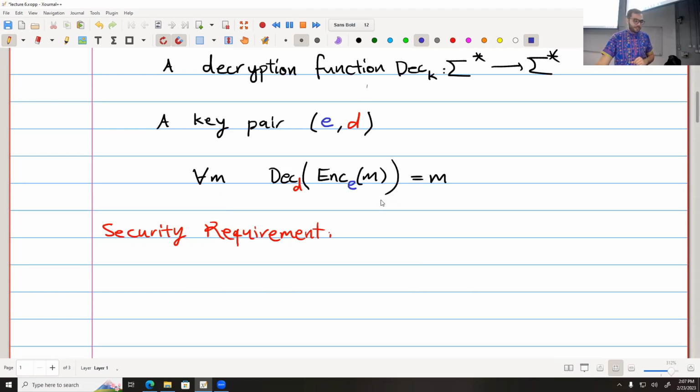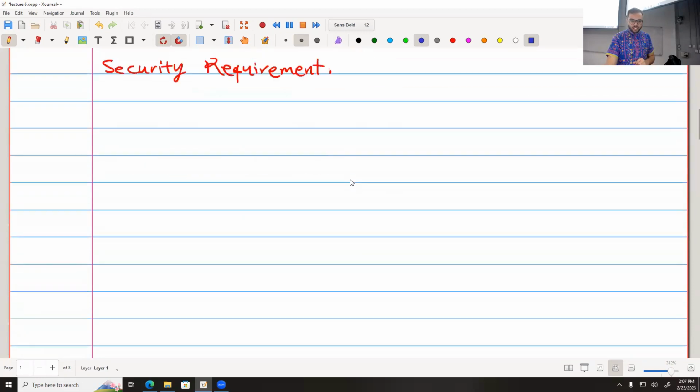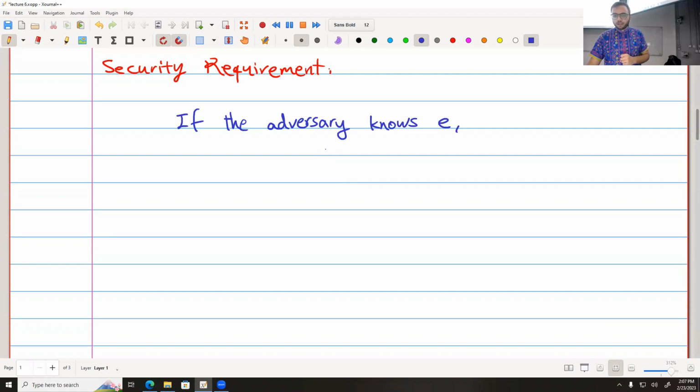So my security requirement is that if I have an adversary Eve who knows my public key and knows an encrypted message, so if the adversary knows, let's say E, the public key, and also my encrypted message, the result of encrypting a message M using E, then she should not be able to find any information about the actual message.